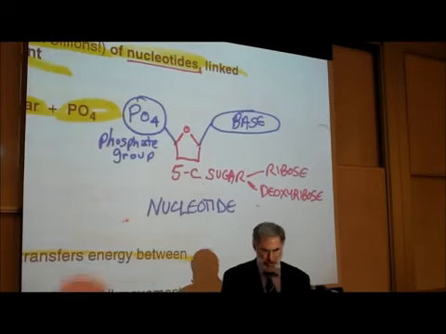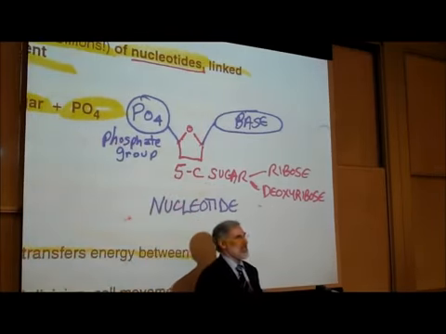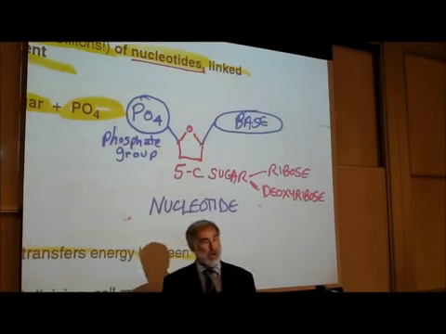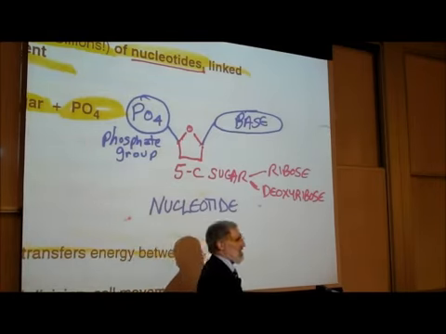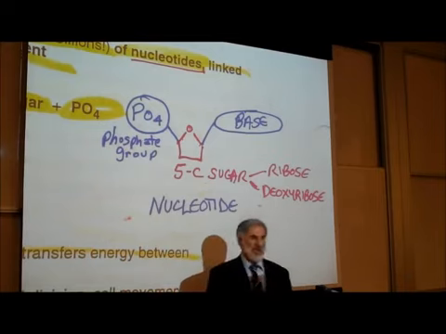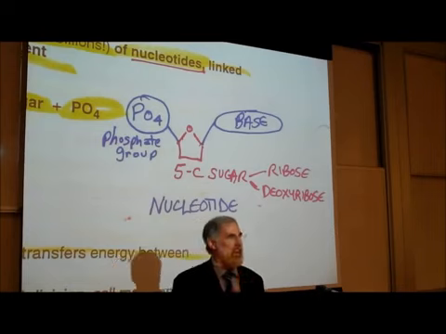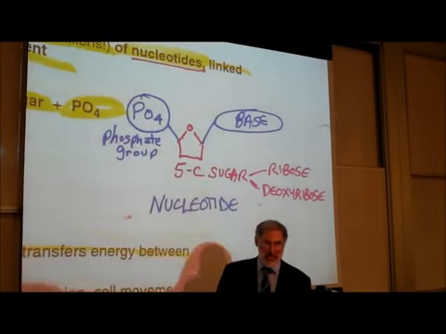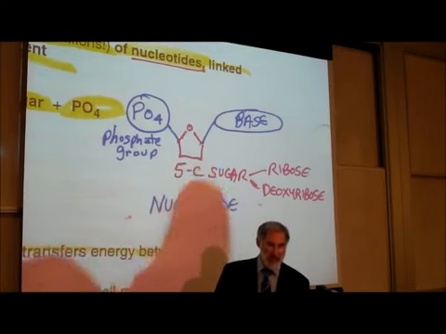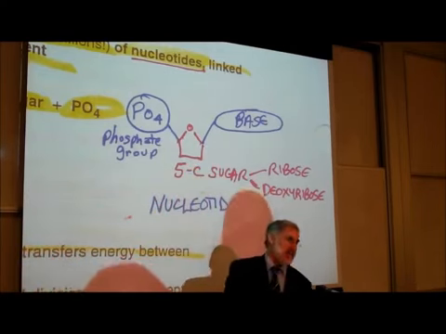5-carbon sugar. Now, we have learned about sugars. In fact, we needed to know about sugars for our first exam. We covered simple sugars, monosaccharides, on page D1. And we gave you two examples of sugars that were 5 carbon atoms long, ribose and deoxyribose. So in each nucleotide, there is a 5 carbon sugar, either ribose or deoxyribose.